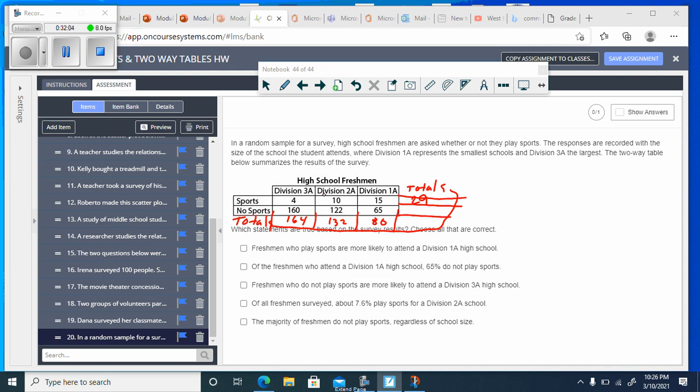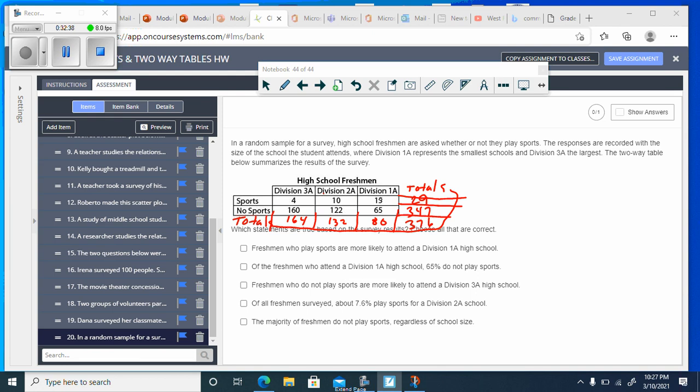Let's see. 160 plus 122 plus 65 would give me 347. Okay, say more people don't play sports. Okay, let's see the total number of people that were surveyed. 164 plus 132 plus 80. Total surveyed is 376. Okay.